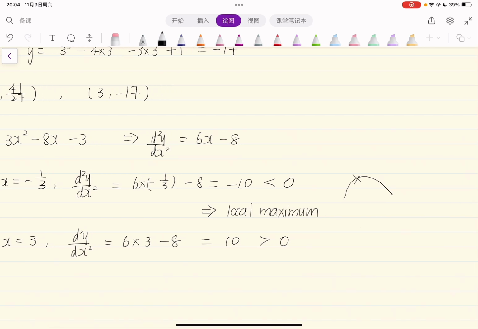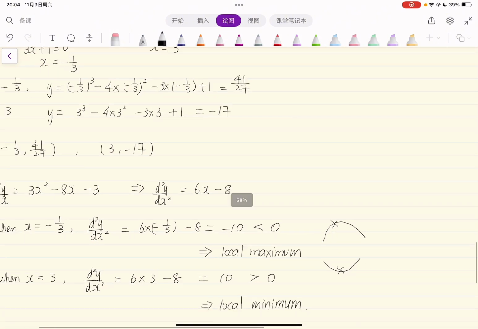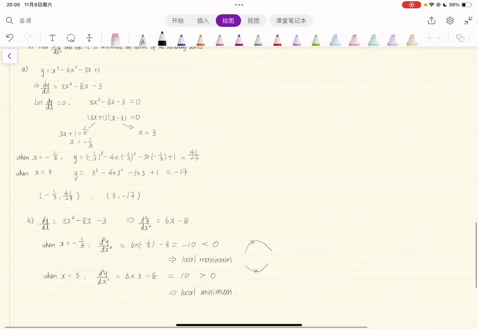So the curve past this point looks like that, as the gradient starts to increase. So this is a local minimum. So we have determined the nature of these two stationary points.